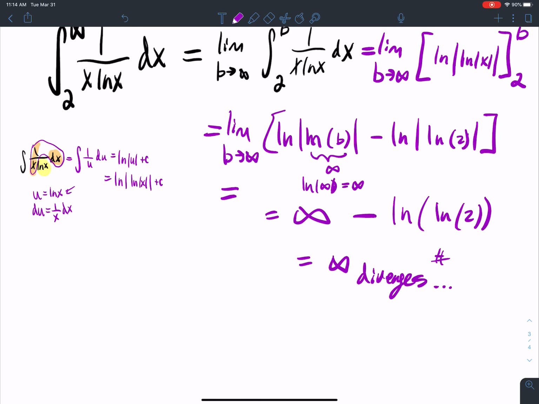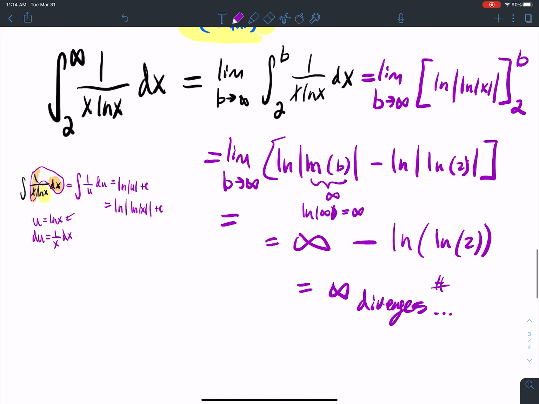All that work, and I got that the integral diverges.